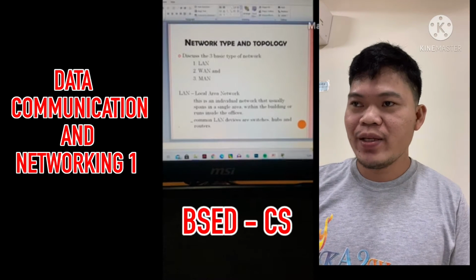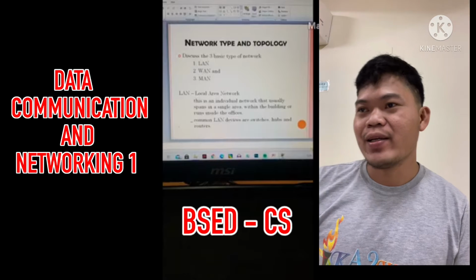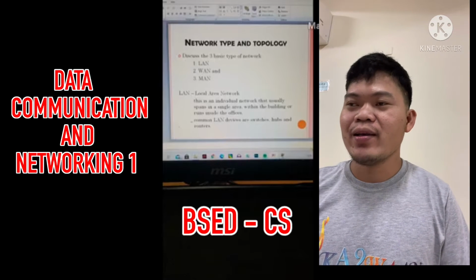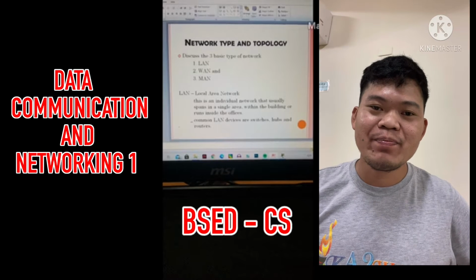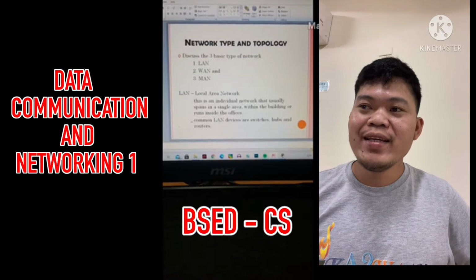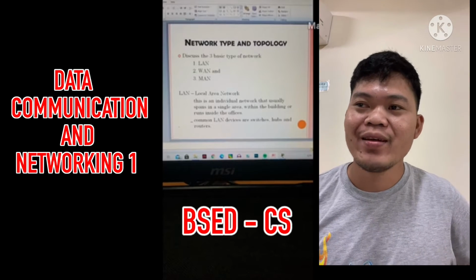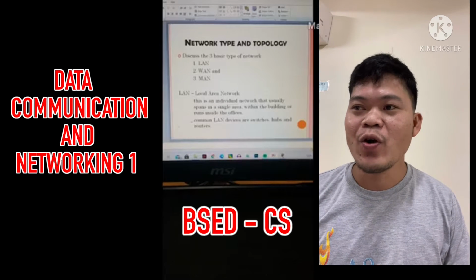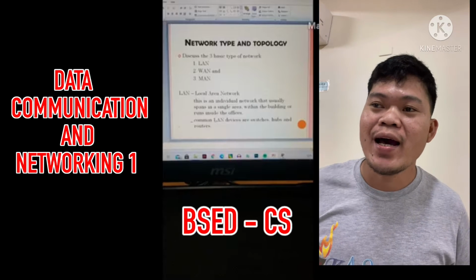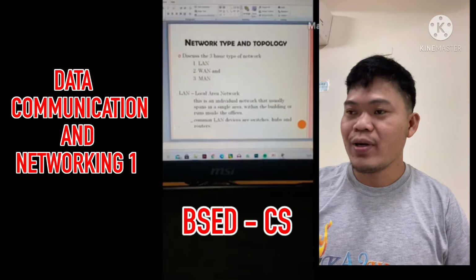So let's start with the local area network. What is a local area network? This is an individual network that usually spans a single area within a building or runs inside offices. The common LAN devices are switches, hubs, and routers.